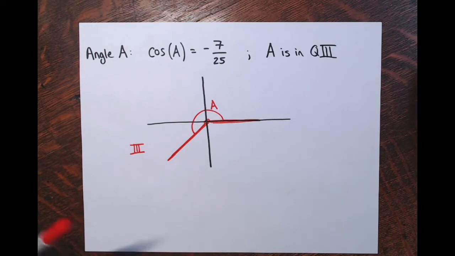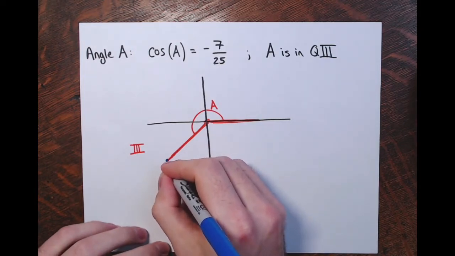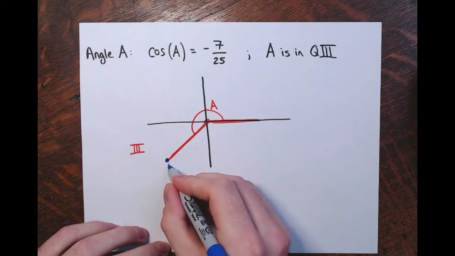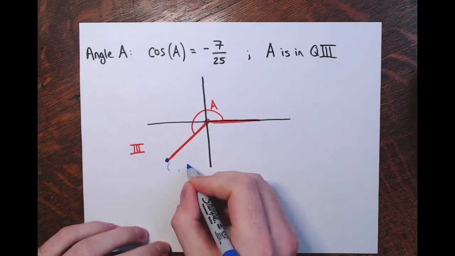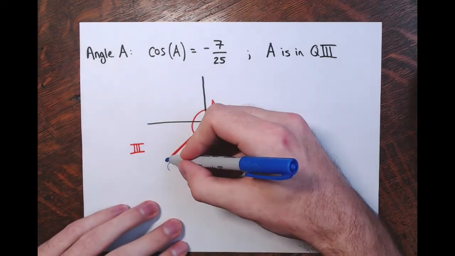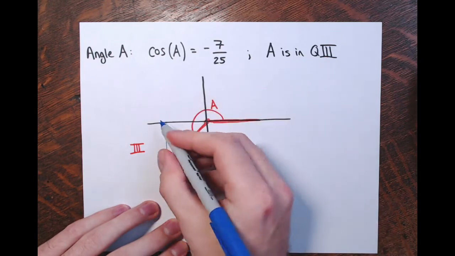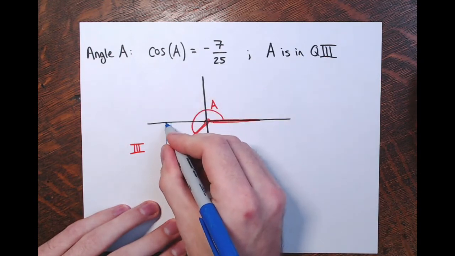And then remember what we do with these in our nice pictures. I take a point on the terminal side here. It's got some x coordinate and some y coordinate that I don't know. And I draw a perpendicular segment to the x-axis, and I create this right triangle.